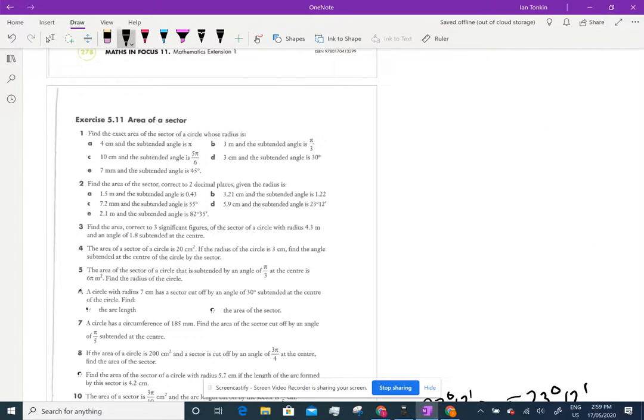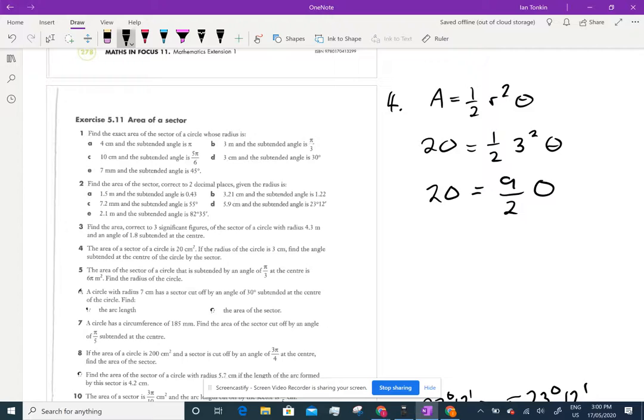So question 4. If they give you the area of the sector of a circle is 20, and the radius is 3, find the angle. So area equals a half r squared theta. So 20 equals a half, what's the radius? 3 squared theta. So 20 equals 9 on 2 theta.